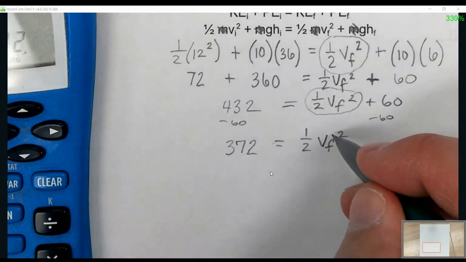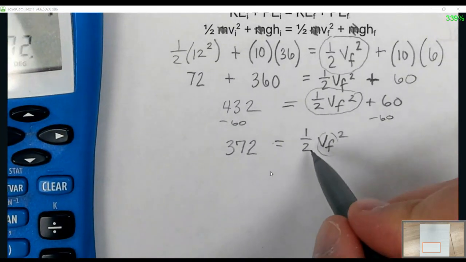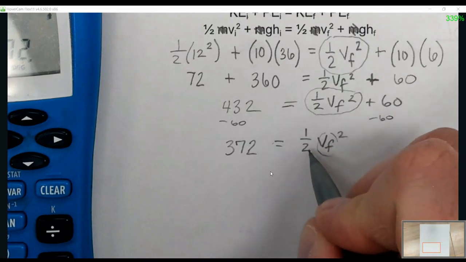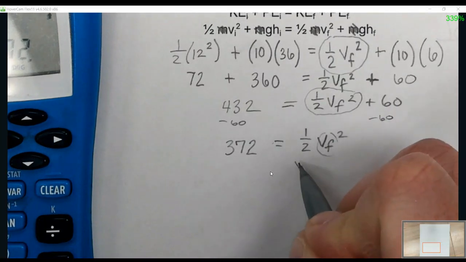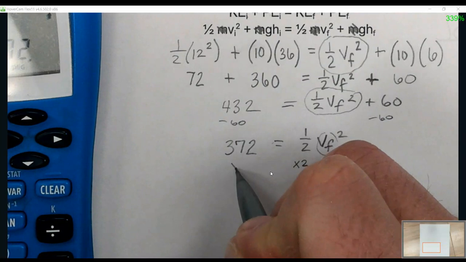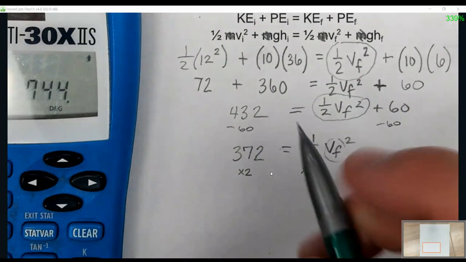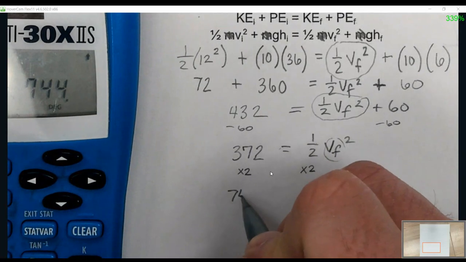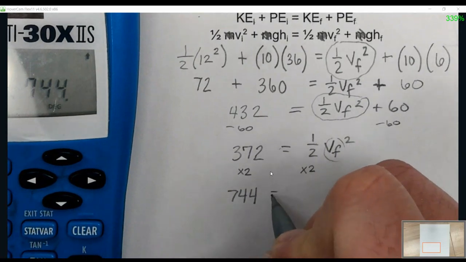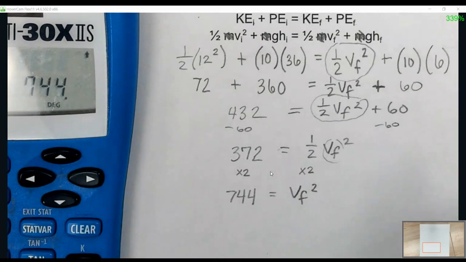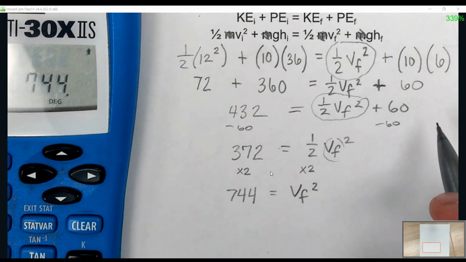All right, we're trying to get VF. So we have to get rid of the 1/2. To get rid of the 1/2 next to the VF, you have to multiply both sides by 2. So 372 times 2 comes out to be 744, and that leaves you with VF squared.